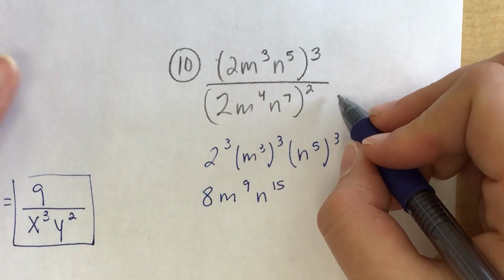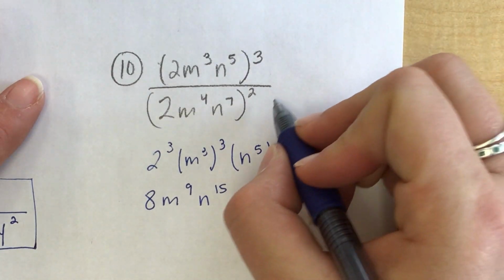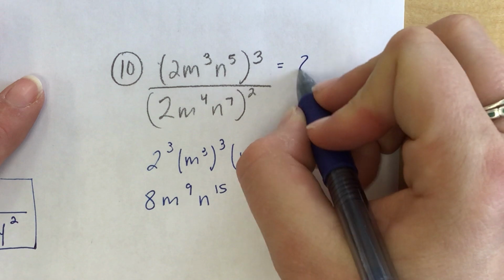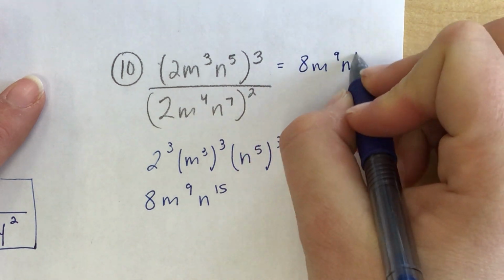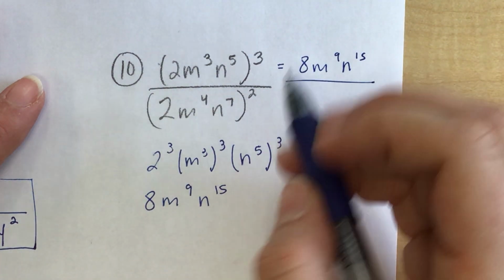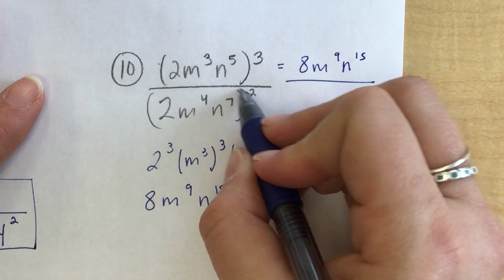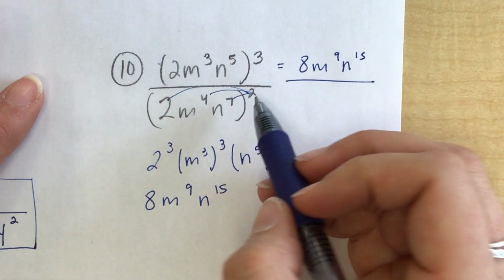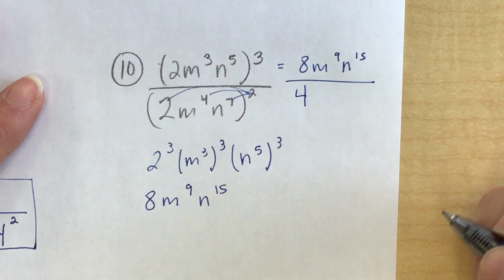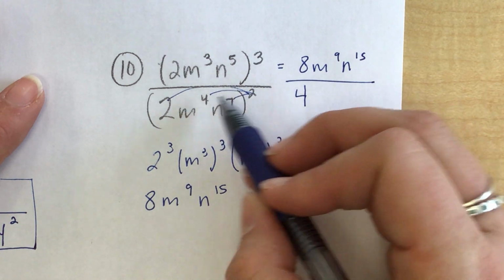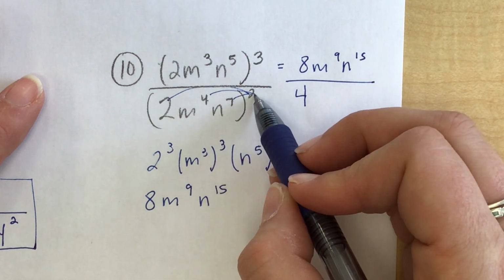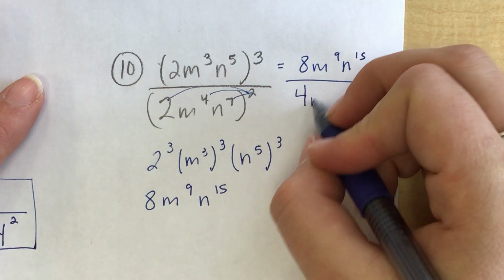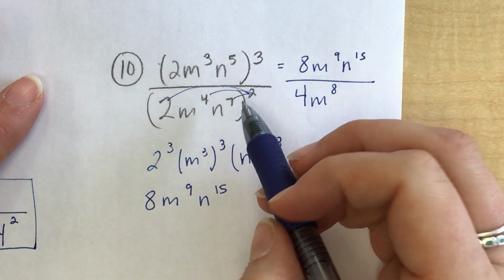Now I'm going to simplify the bottom. I'm just going to do it up here. Sorry, I should have put this up here for you. I apologize. All right, so we're going to distribute the squared to everything. So 2 squared gives me 4. Then we have m to the 4th raised to the 2nd. So power to a power, we multiply, so that's m to the 8th.